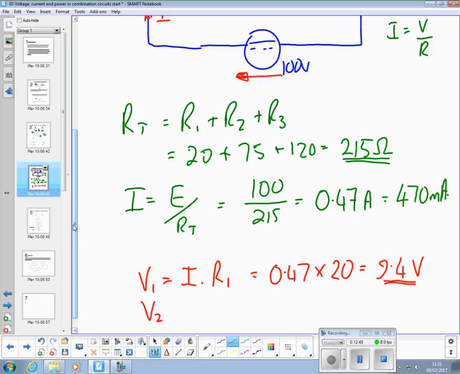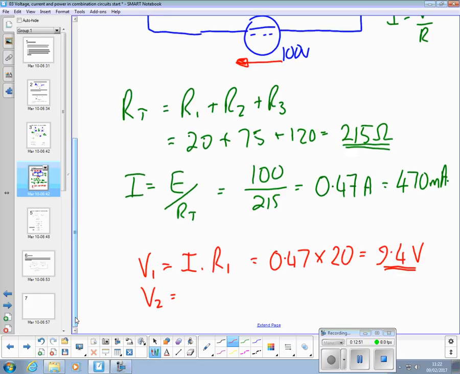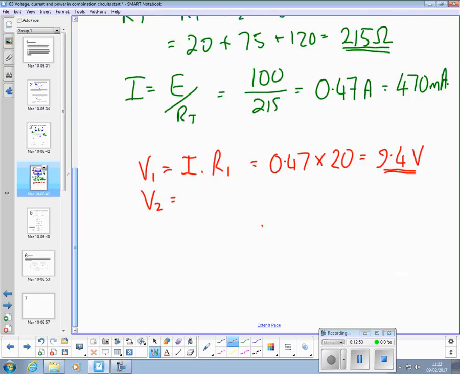V2 is I times R2, 0.47 times 75 equals 35.3, let's say, to one decimal place.